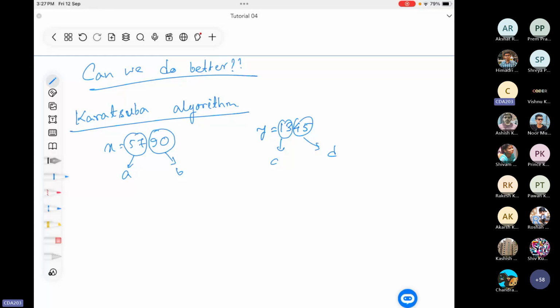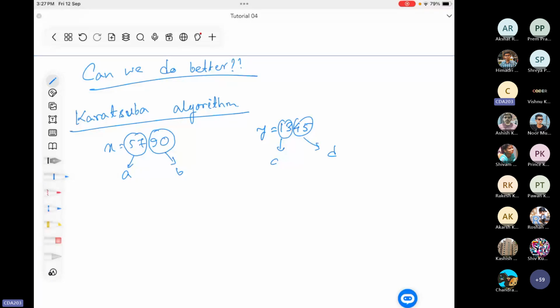So I have started with a 4-digit number. Now I'm trying to reduce this number, to represent it using 2-digit numbers, and then use this recursive process on these smaller numbers.